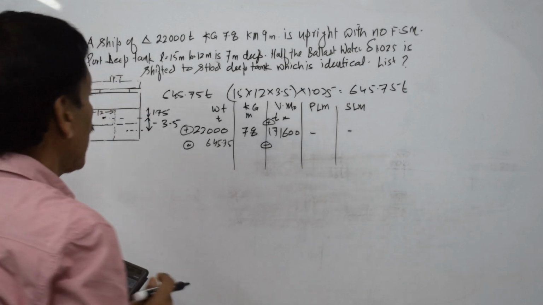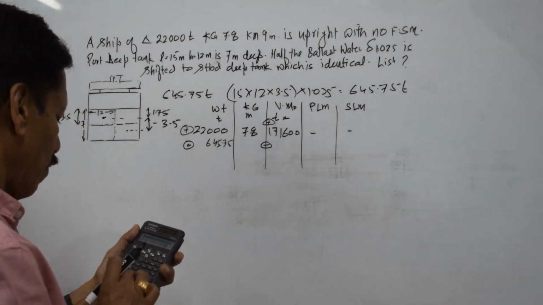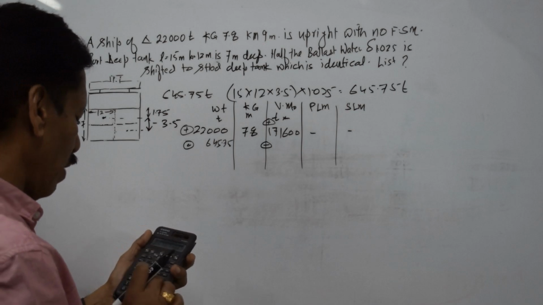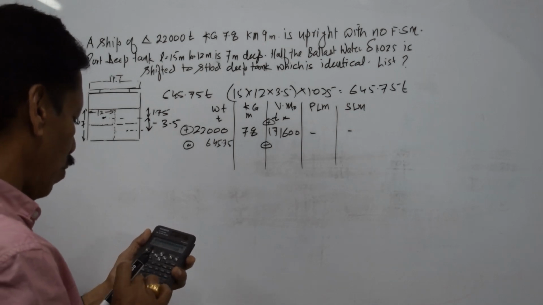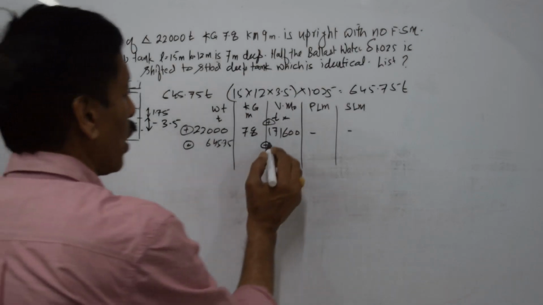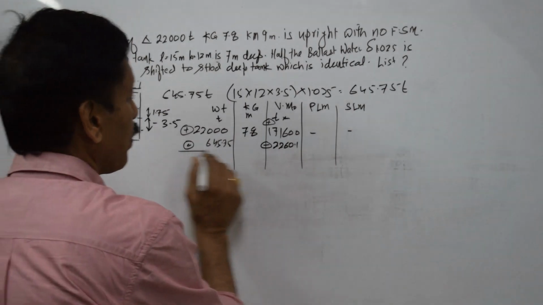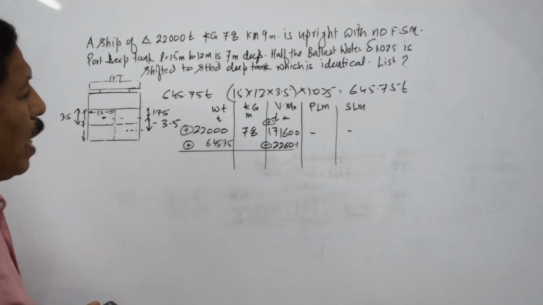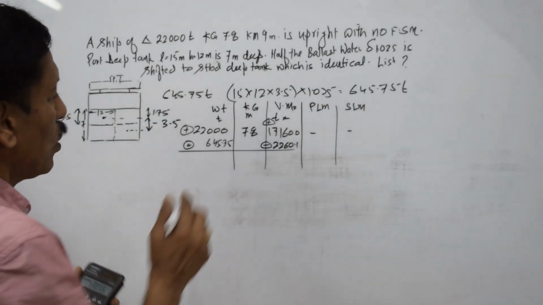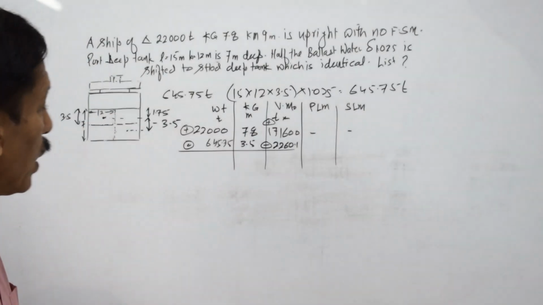So I put a minus sign here, and 645.75 multiplied by 3.5 gives me 2260.1. The vertical downward shift is 3.5 meters.